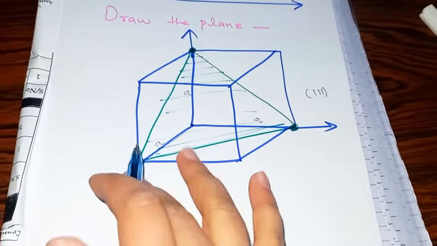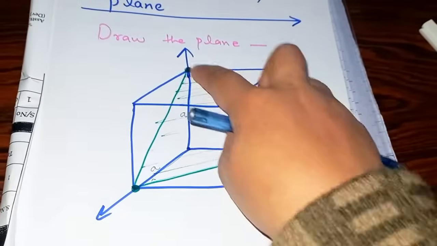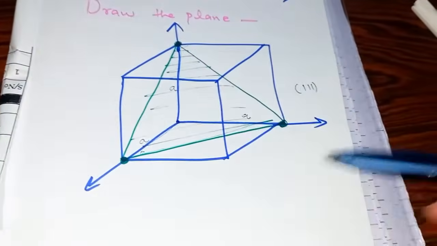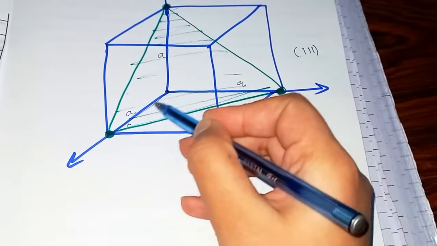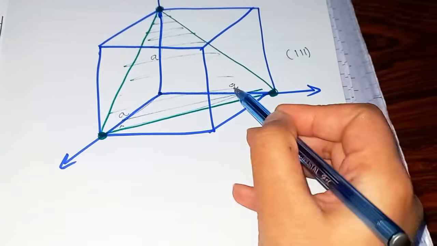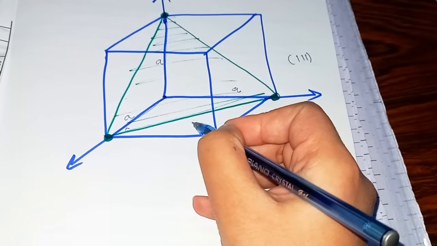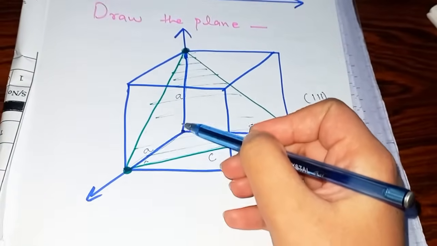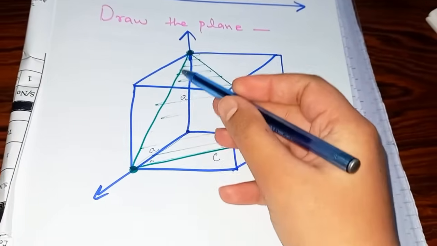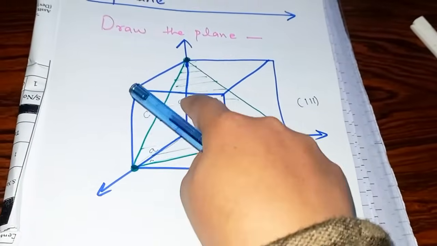Using the Pythagoras theorem we can find the length of this hypotenuse. In this triangle, it has base a, perpendicular a, and the hypotenuse, let's say, is c. The same applies here: this is the base a, this is the perpendicular a, hence it will also have a similar c side because both sides are equal.